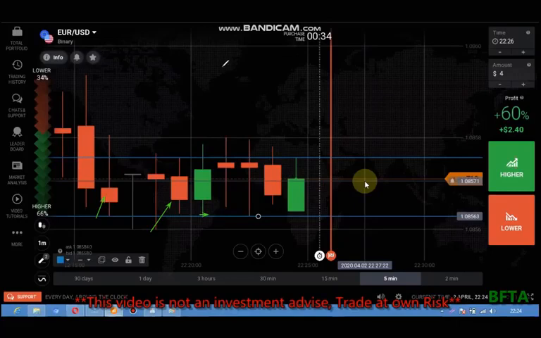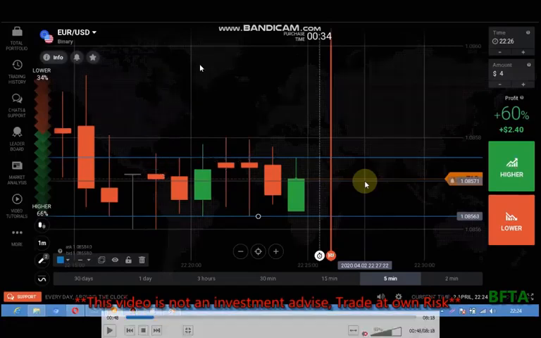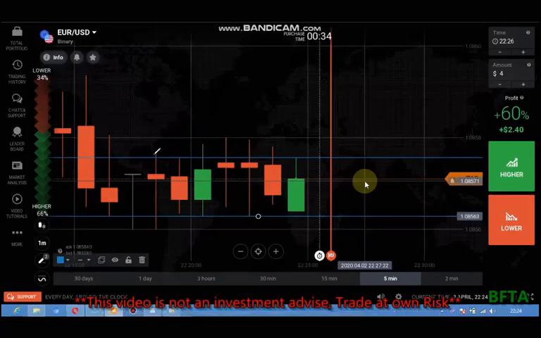Considering the two lines that you drew, what points did you really consider, like the one for resistance and the one for support? The line I drew was to touch all the wicks.